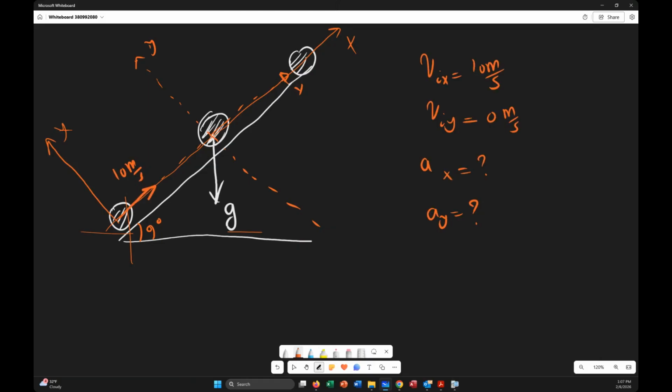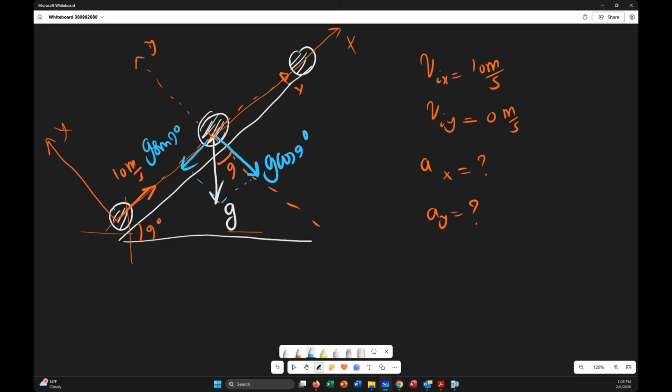Okay, good. Because acceleration is here in this direction. This is 9 degrees. So I can use this component. This is going to be g cosine 9 degrees, and this will be g sine 9 degrees.